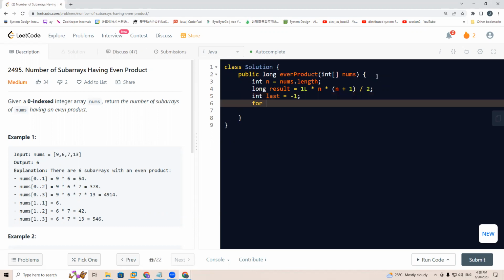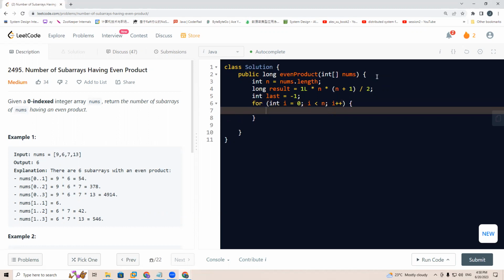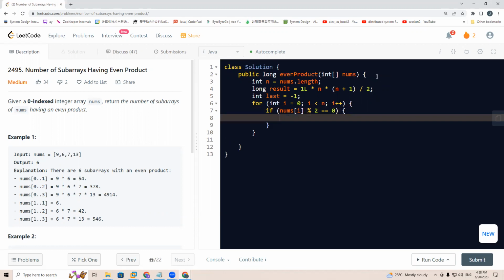Okay, so let's say for int i equals 0, i smaller than n, i plus plus. Let's say if this one is even, nums[i] modulo 2 equals 0, right? Then you can try to find the ranges which have odd numbers only.